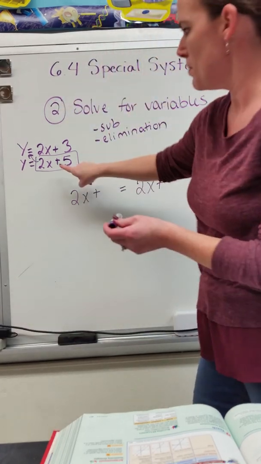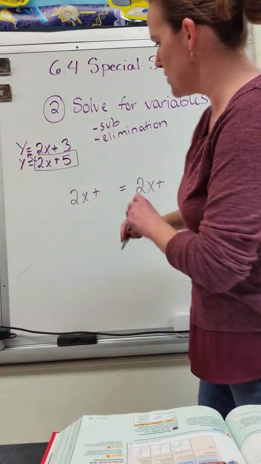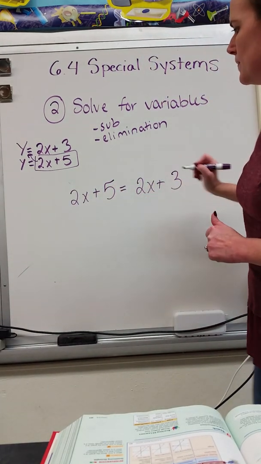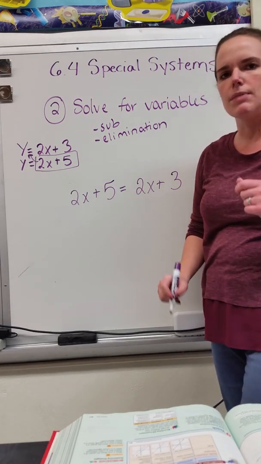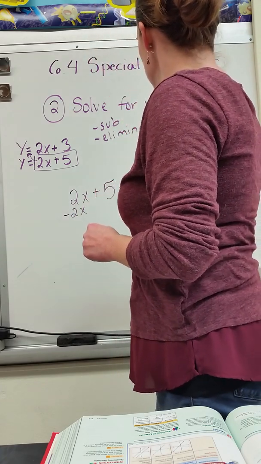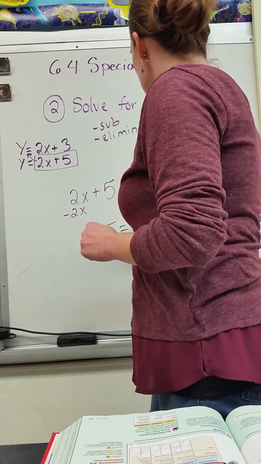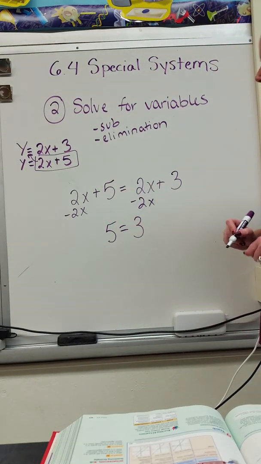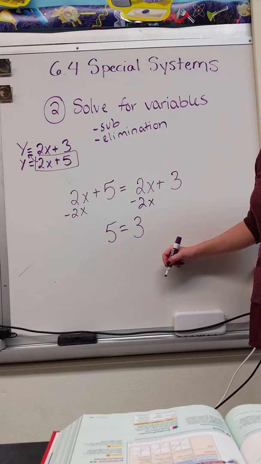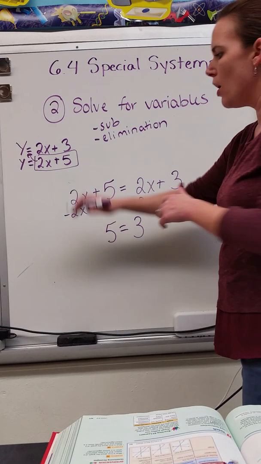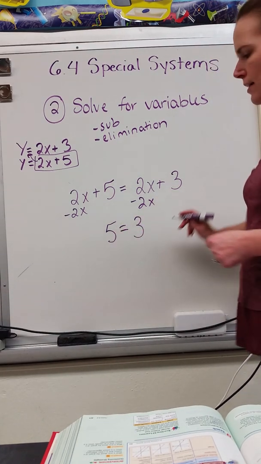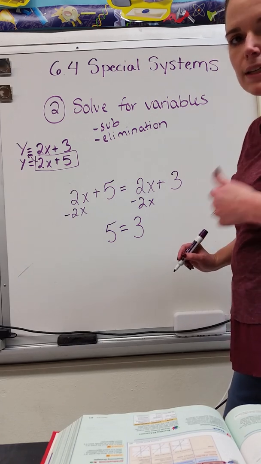Then you solve the way you would normally solve. I'm going to subtract 2x from both sides, and I get 3 equals 5. Since 3 does not equal 5, there's no solution. So whenever you solve a problem and you get something that just doesn't make any sense, that means there's no answer, or it's inconsistent.